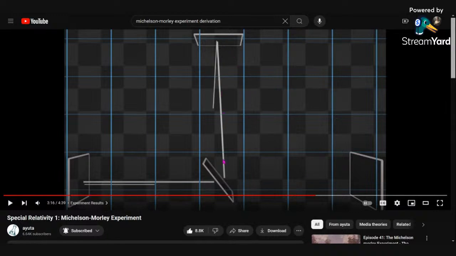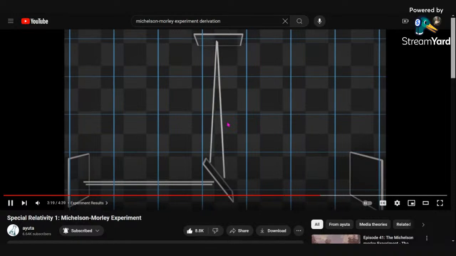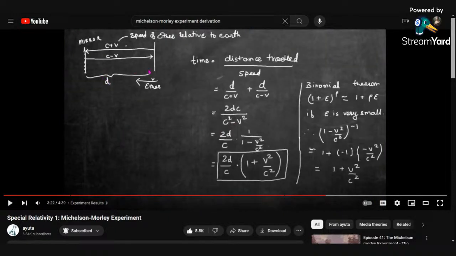I'm assuming this is D. D is just from the beam splitter to the display. That's my intuition. So this is a mirror and this is the display. Which mirror? It should be the beam splitter. So the mirror is here.